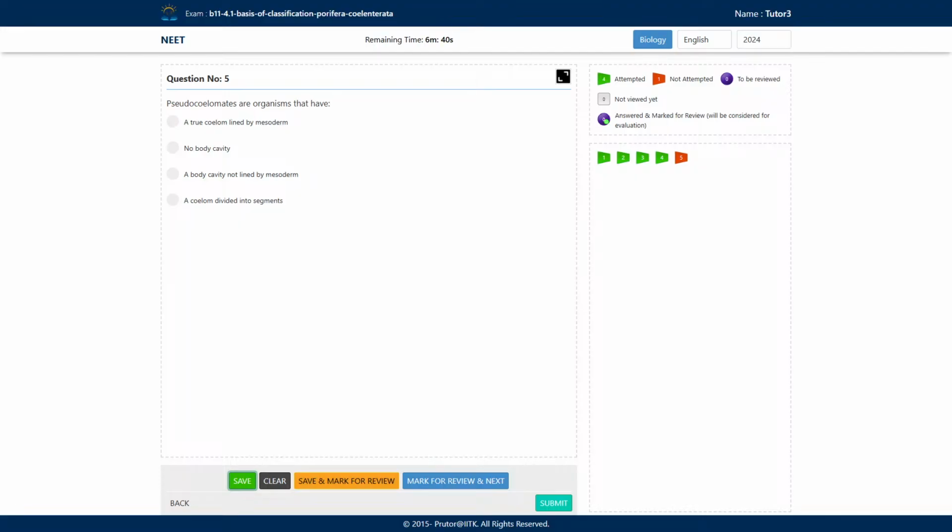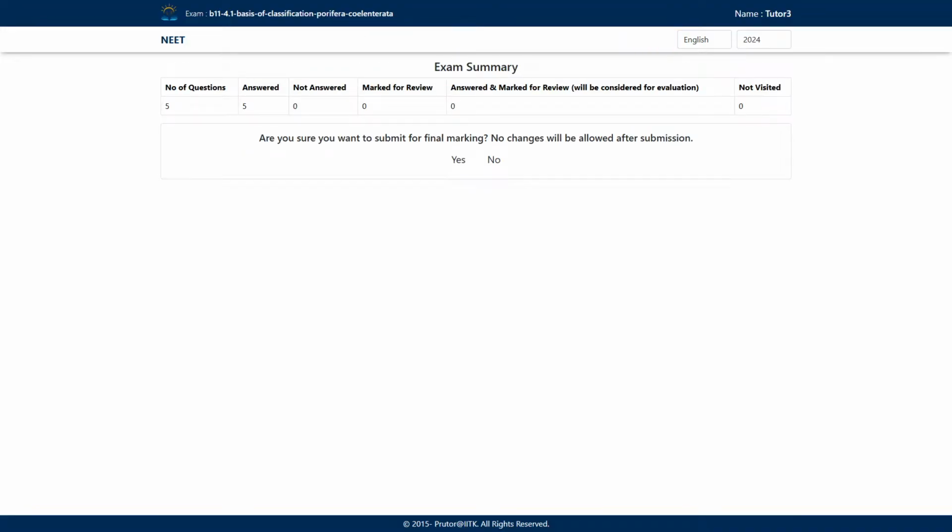C option, a body cavity that is not lined by the mesoderm. They have the body cavity, but it is not lined by the mesoderm layer. So that is the pseudocoelomate, false body cavity, right? So we will opt for this, save it and then submit it and see the results.